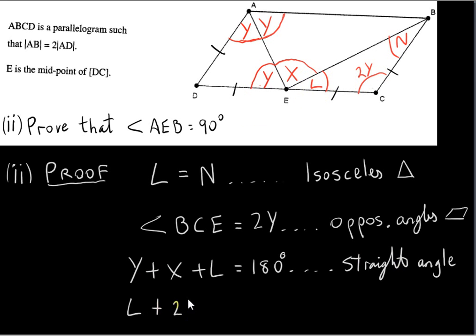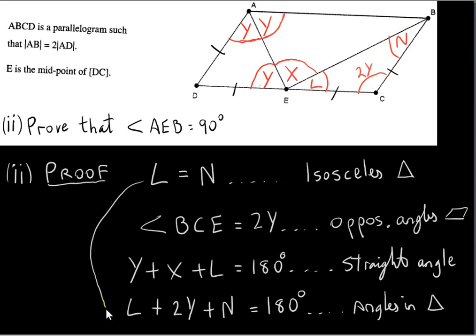That's L plus 2y plus N equals 180 degrees. So these are the angles in a triangle. But of course we know that L is equal to N. So I can replace this N up here with the letter L, because we have an isosceles triangle.